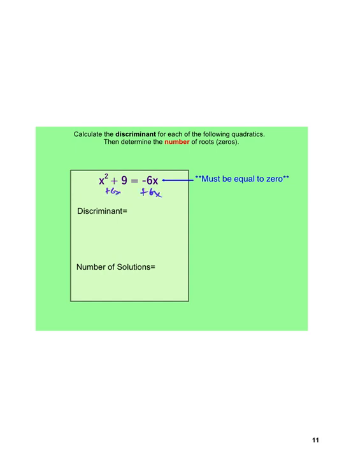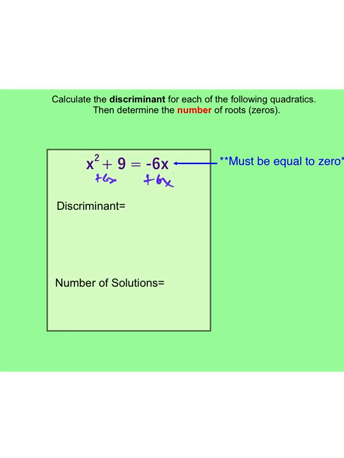And when you add 6x to both sides, that means our formula is actually x squared plus 6x plus 9 equals 0. And if you look back on the previous slides, we always have this set equal to 0 because that's how we're going to determine the discriminant and the number of solutions that we have.